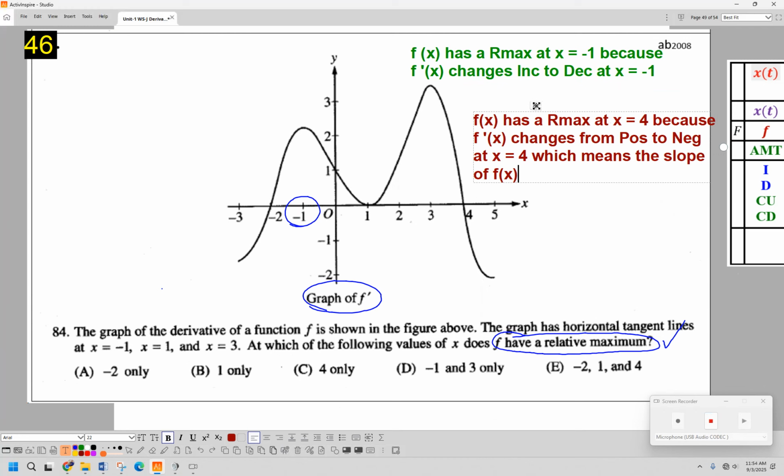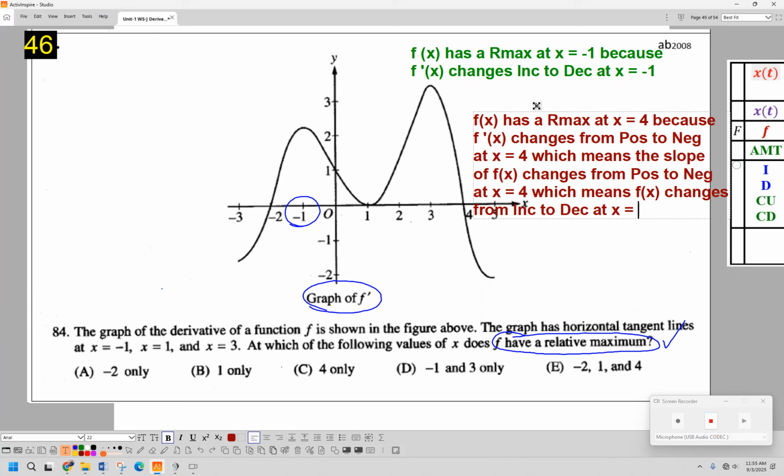So f has a relative max at x equal 4 because f prime changes from positive to negative there, which means the slope of f changes from positive to negative at x equal 4, which means f of x itself changes from increase to decrease at x equal 4.